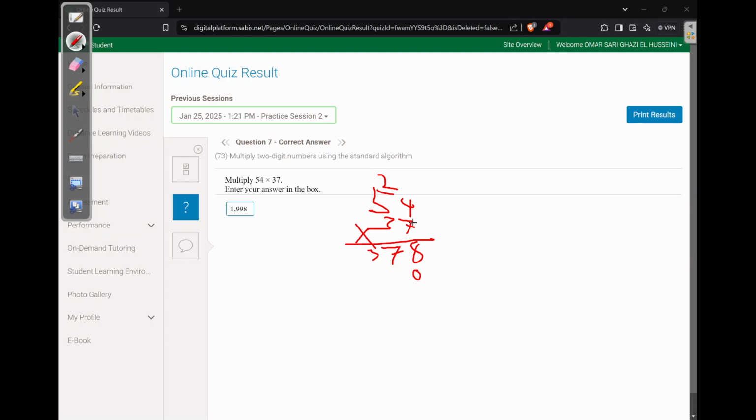Okay, now here 3 times 4 is 12. We add that one. So 3 times 5 is 15, and now we add that one. 16. Now we plus it. 8, 9, 9, 1.